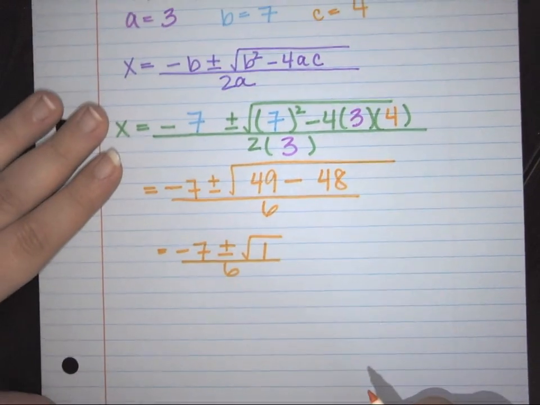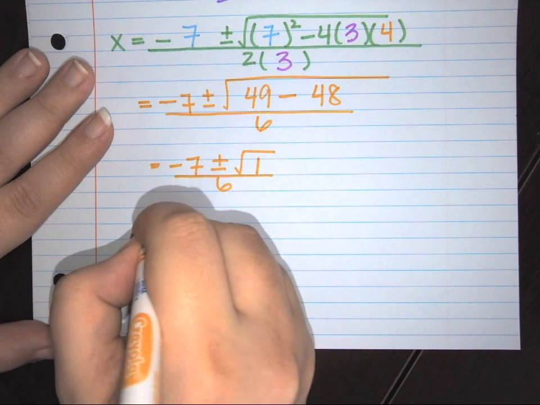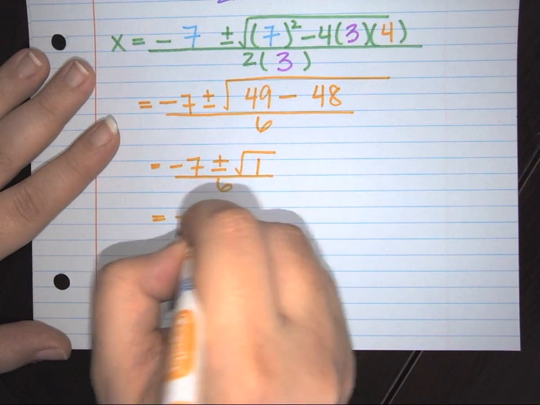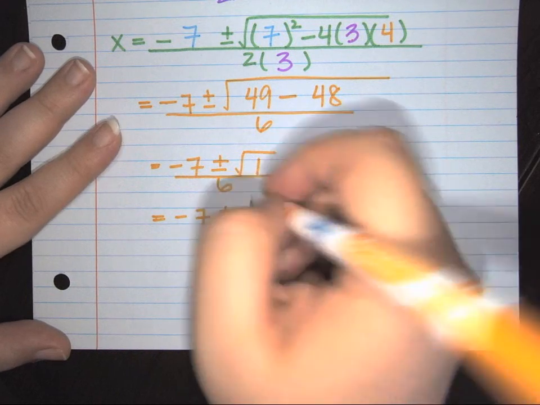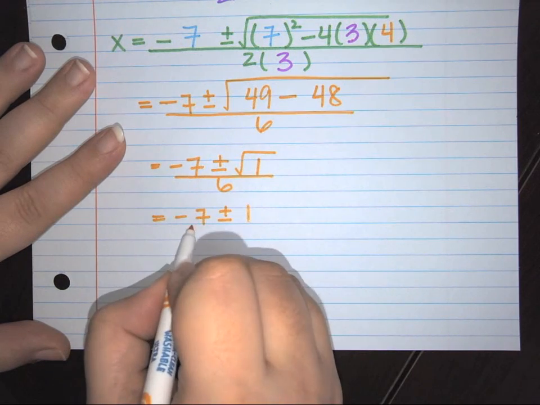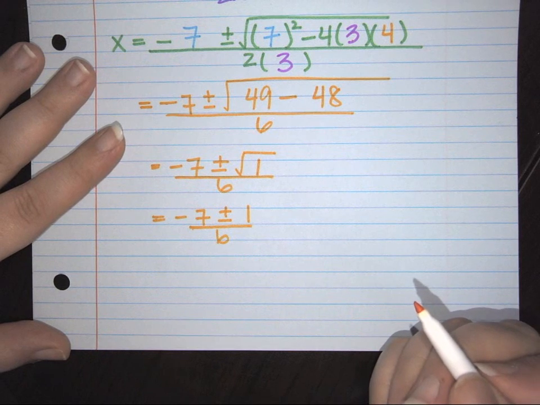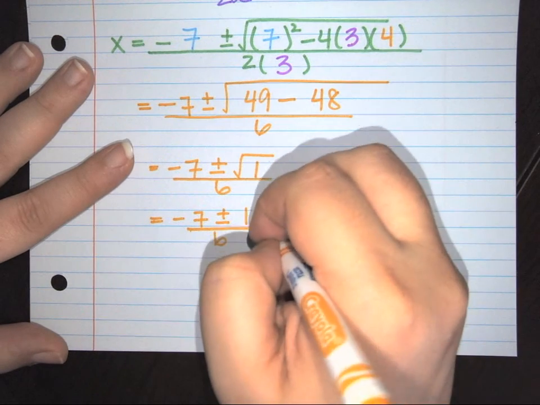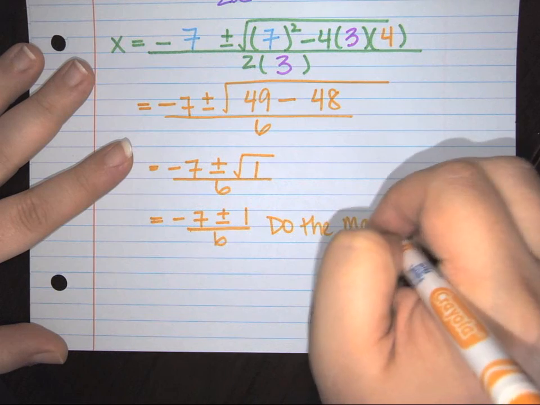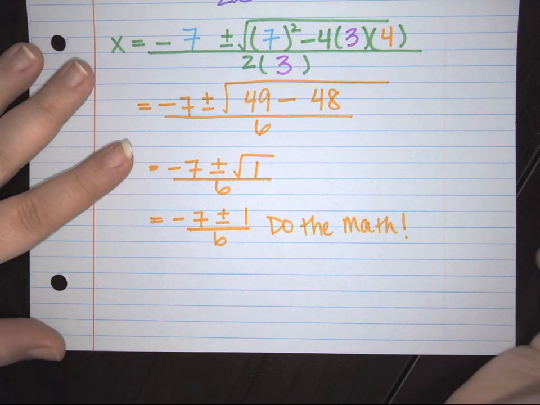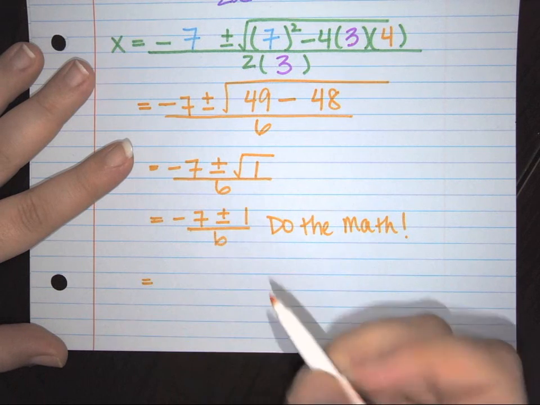There is still more that I can do, so I need to keep going. So this is going to equal my negative 7 plus or minus, well, the square root of 1 is 1, and this whole thing is over 6. So at this point, you need to do the math. And what that means is I actually have two solutions here.